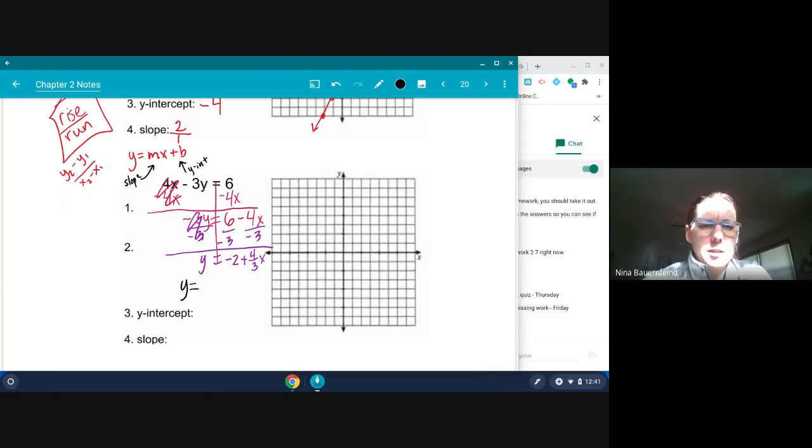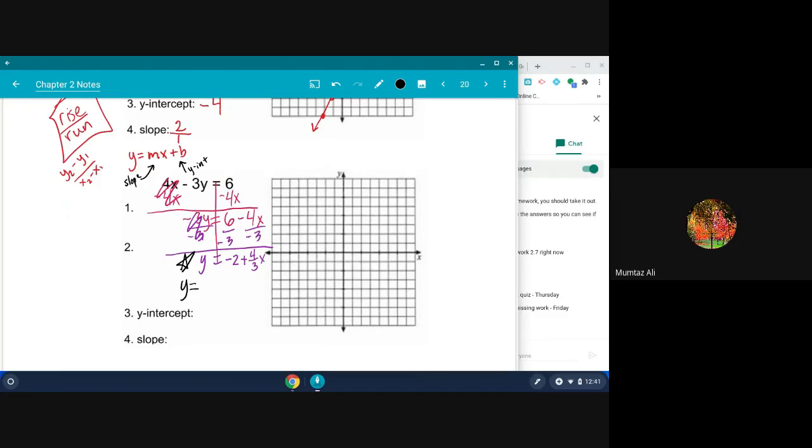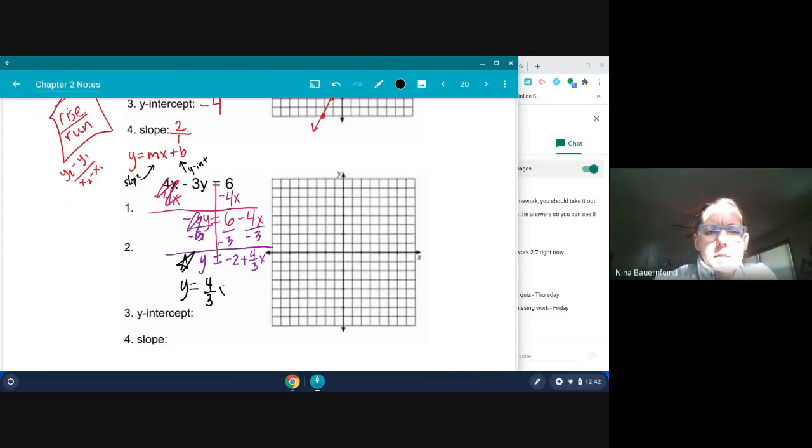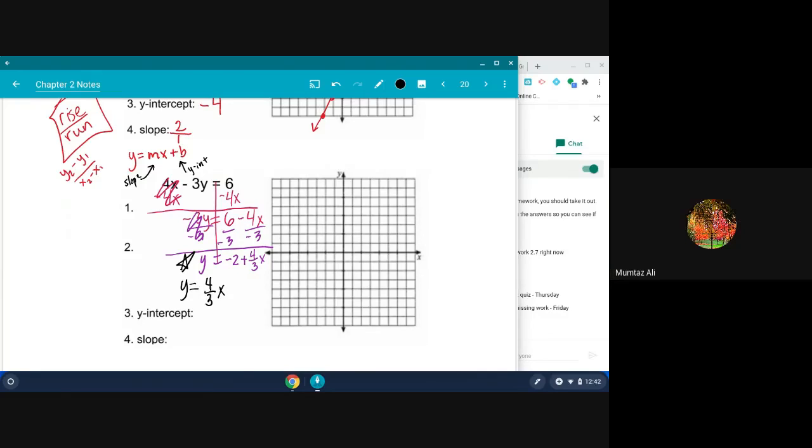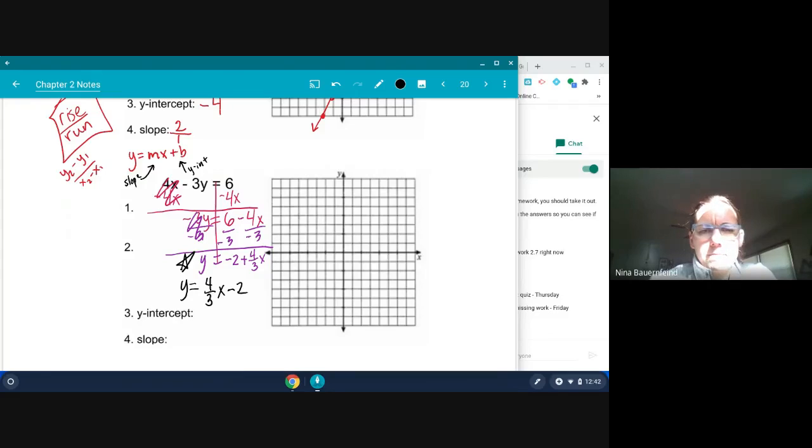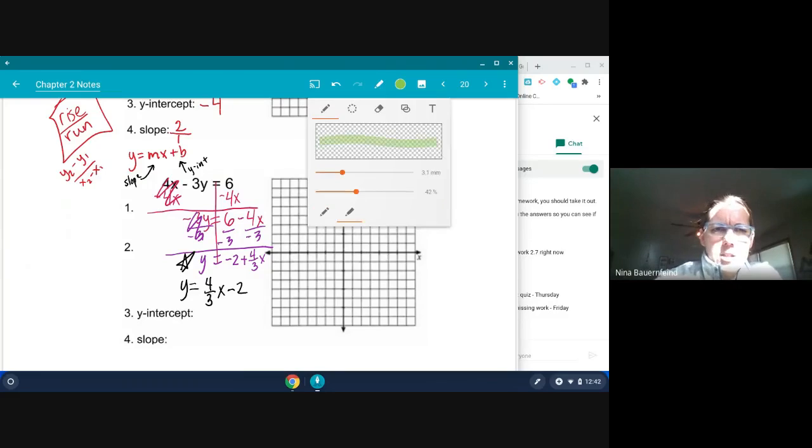That's if we keep it this way. -2 would come first, then positive 4/3x. And then what's on the end? -2. Got it.